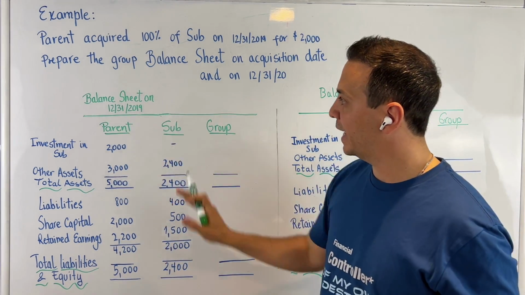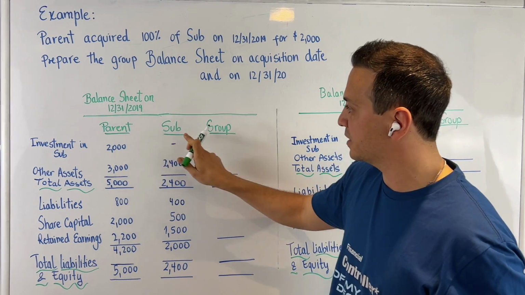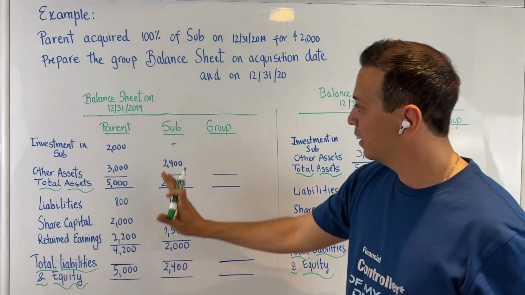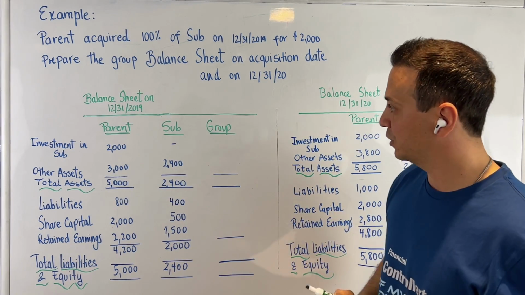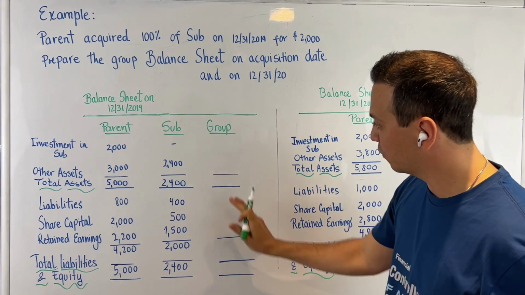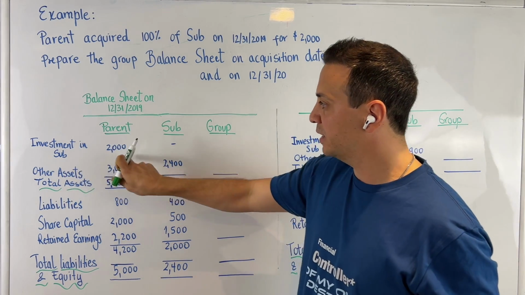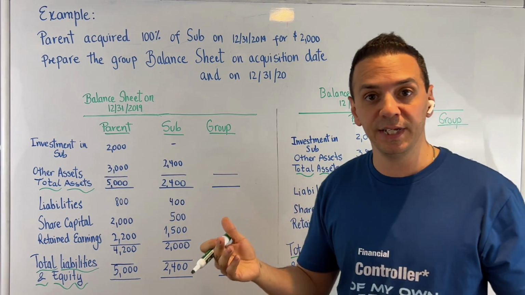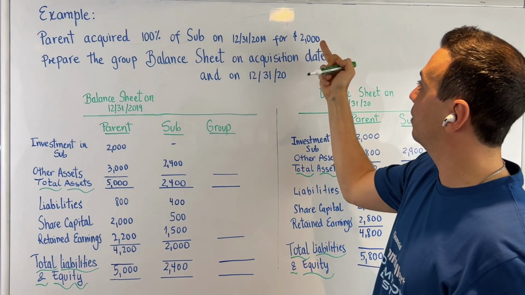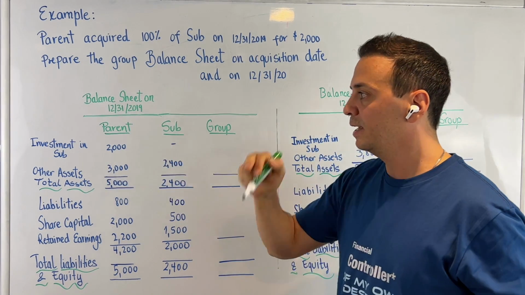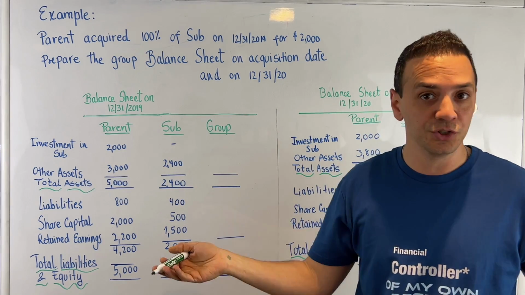So when we look at the balance sheet for the parent and the sub on the acquisition date, we have a standalone balance sheet for the parent and a standalone balance sheet for the subsidiary. And we'll write down the combined results. So for the parent, we have investment in sub, $2,000, which is pretty easy, right? We bought the company for $2,000. We record an investment in the sub for $2,000, debit to investment, credit to cash. Pretty simple, right?